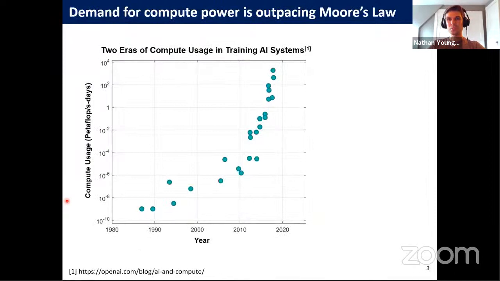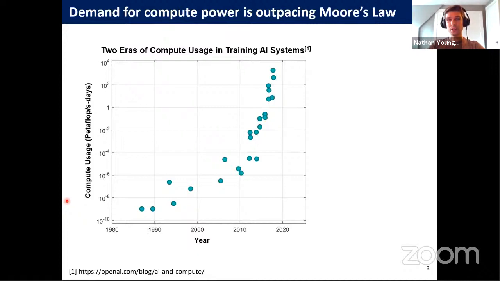The issue of simply running machine learning algorithms is a huge challenge, but when we look at the amount of computing power needed to train state-of-the-art neural networks, the situation becomes much worse. We are currently seeing a huge difference between the growth in computing demand versus the growth in computing efficiency at the hardware level.